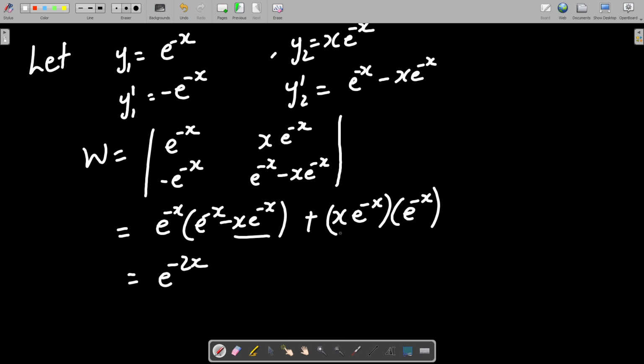Observe that this term and this term are getting cancelled now, right? So what remains here is only e raised to minus 2x as your Wronskian. Okay.